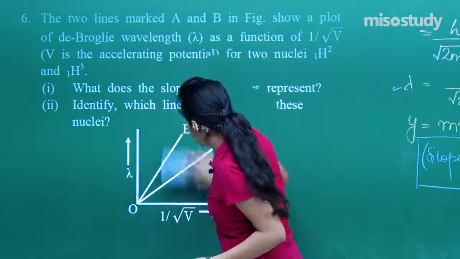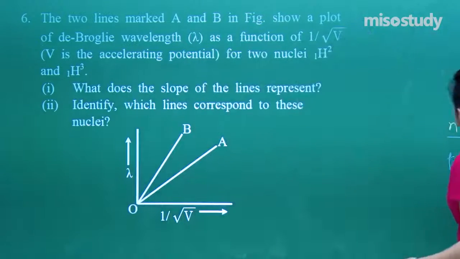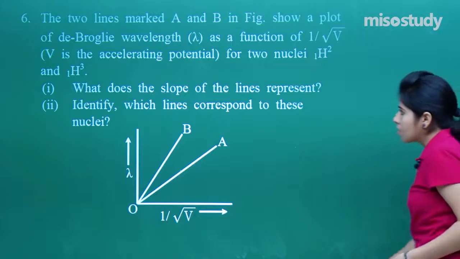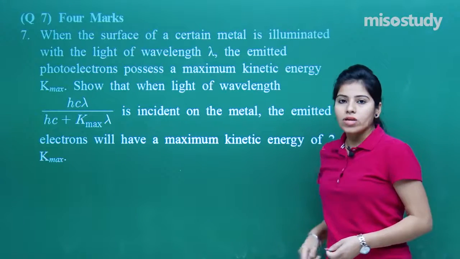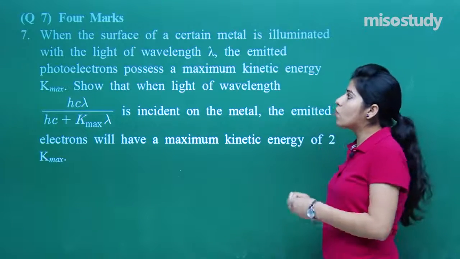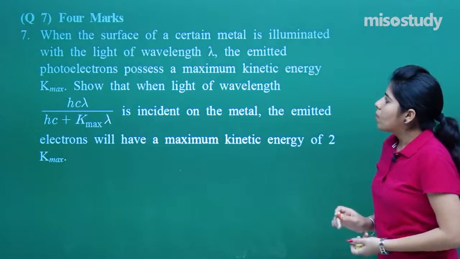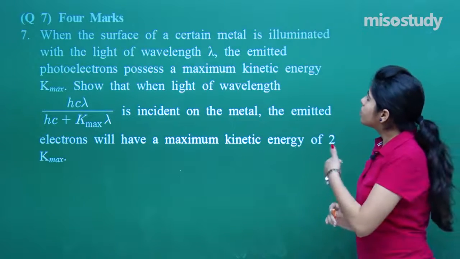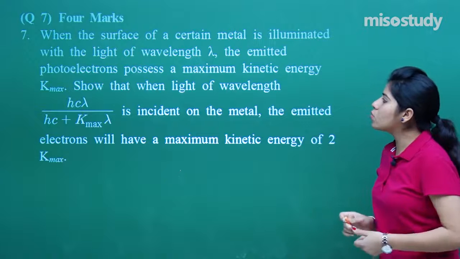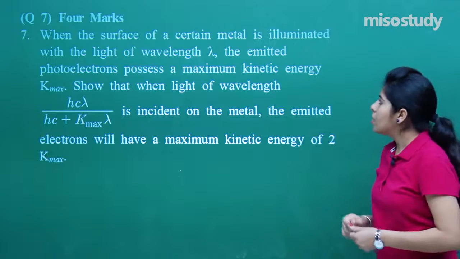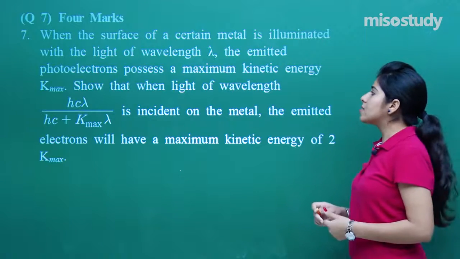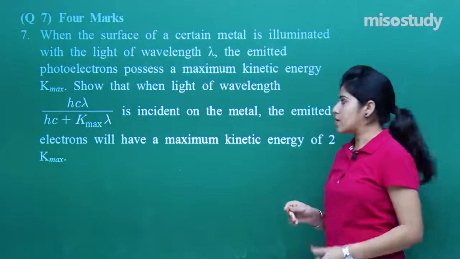Let us see the next question for the class. Question number 7. Now question number 7 is a 4-mark question. When the surface of a certain metal is illuminated with light of wavelength lambda, the emitted photoelectrons possess a maximum kinetic energy of Kmax.